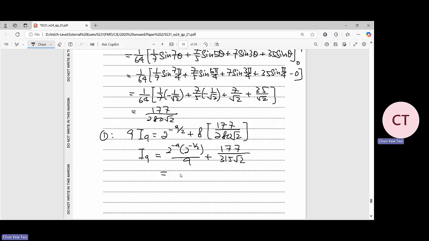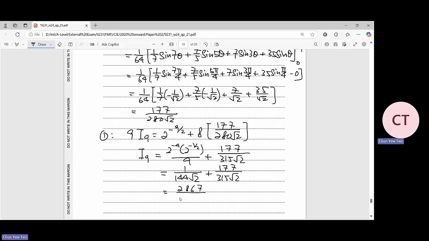If you continue to simplify it, you will get 1 over 144√2 plus 177 over 315√2.